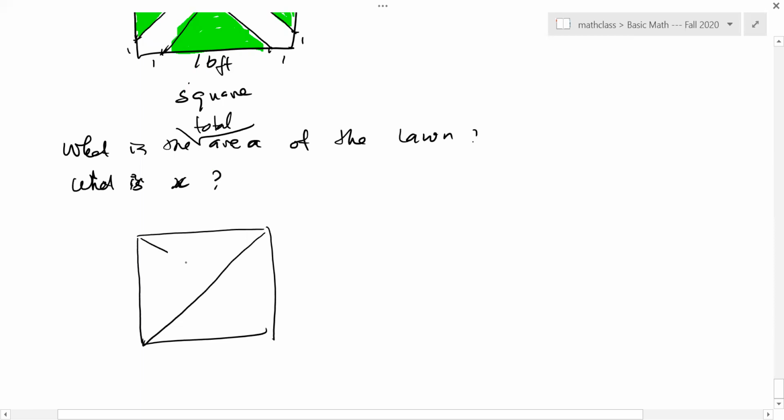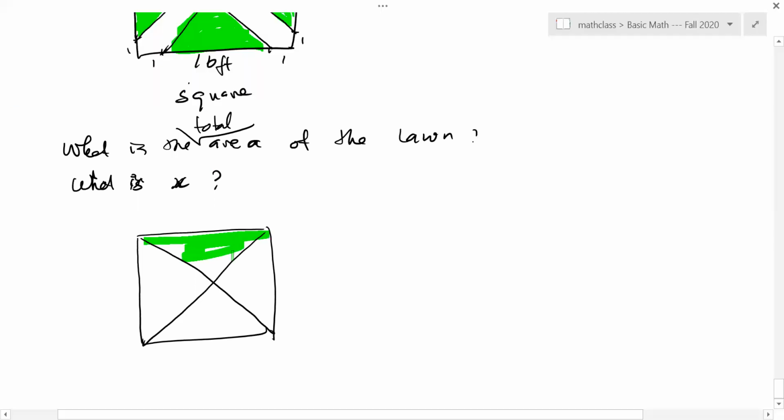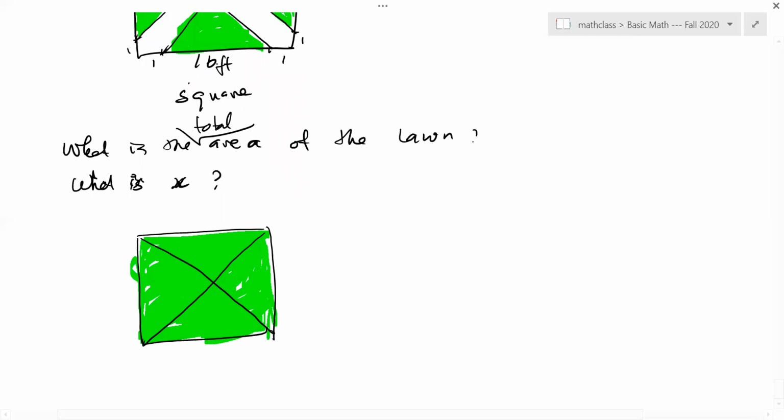If I put all those four triangles together, do you get a square? Answer is yes, you get a square. What is the edge length of the square? If you move all those four triangles close up without gap, you get a square.